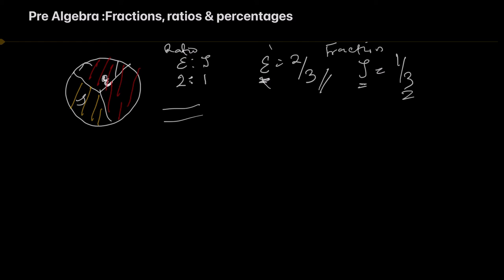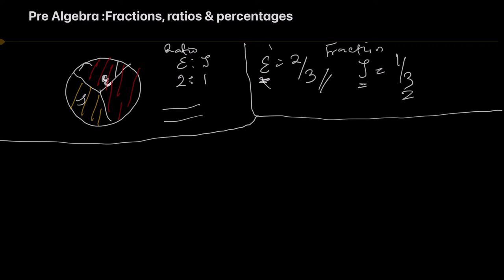So in the fraction case, you're looking at the individual specifically. However, for ratio, you're looking at a comparison between the number of individuals. So it could be 3, 4, 5, 6 individuals. It could be more. But then you just want to have a sharing formula. What is the sharing formula?